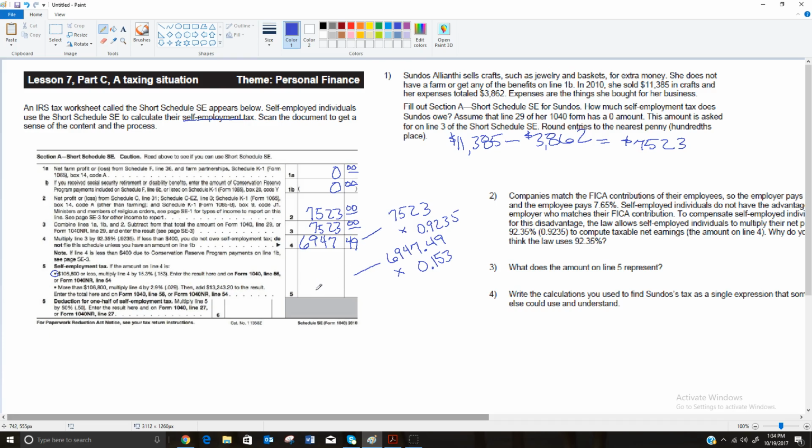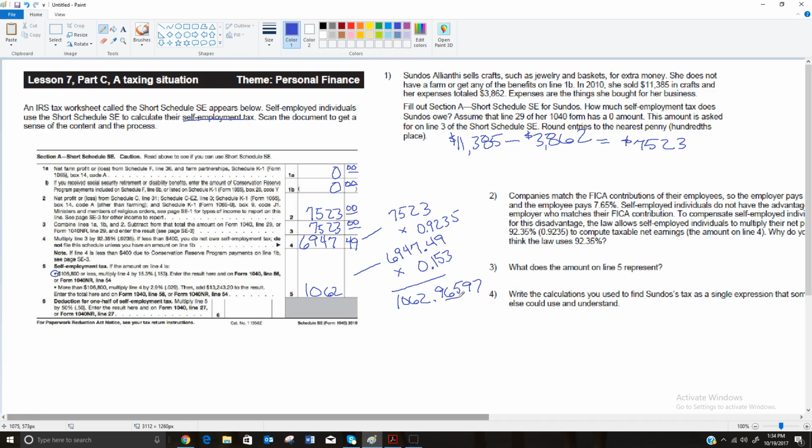And I get $1,062.96597. Let me write that down here. So 1062.96597 is what we get when we multiply that.